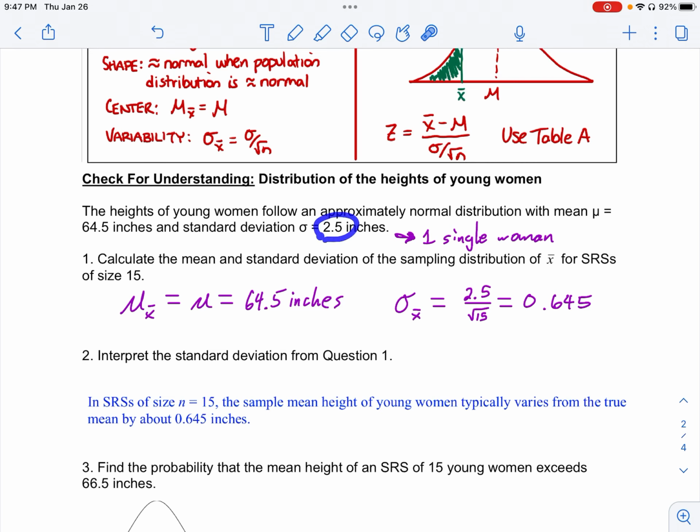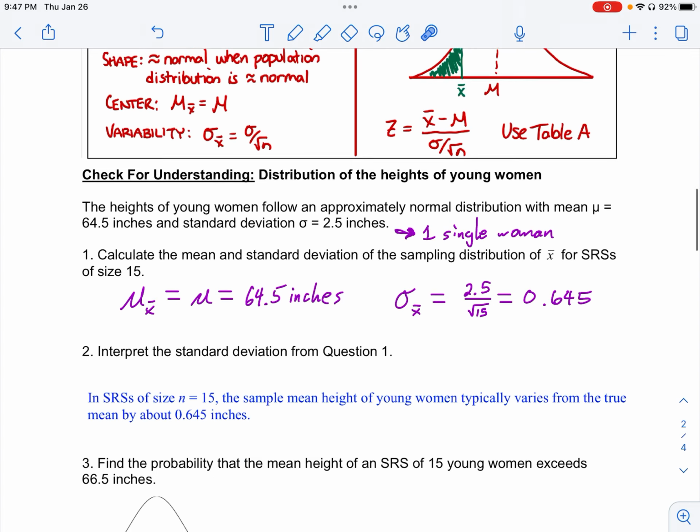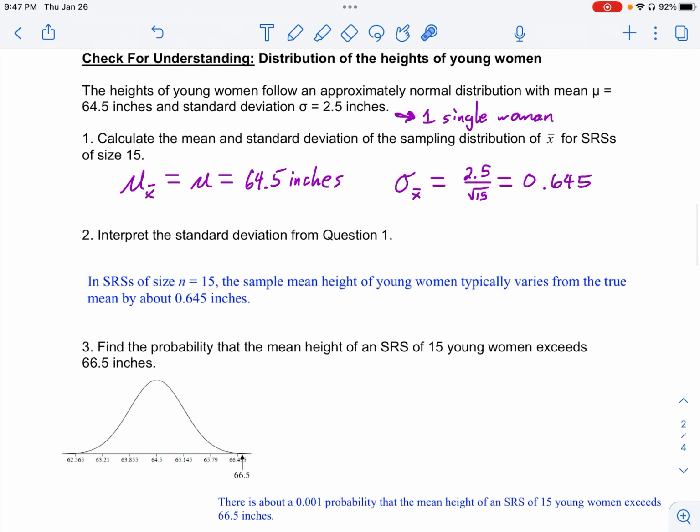So it was 2.5 inches when we were only sampling one single woman. When the sample size increases, remember, a rule of thumb is that standard deviation goes down. So that's what happened. Number 3, find the probability that the mean height of a random sample of 15 young women exceeds 66.5 inches.